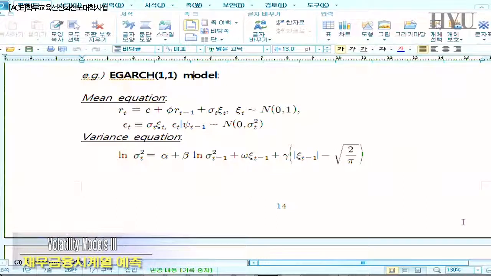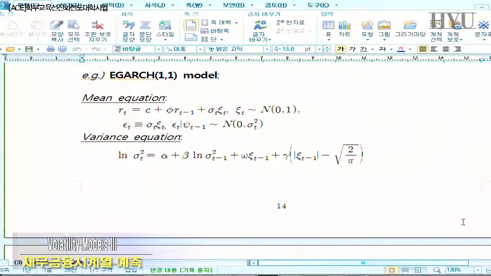Then depending upon the sign of this thing in the previous period, it will affect differently, right? If it's negative, then, of course, it will increase that, right? Or if it is positive, then let's see. No, the effect is size-wise different. Size-wise different, right?